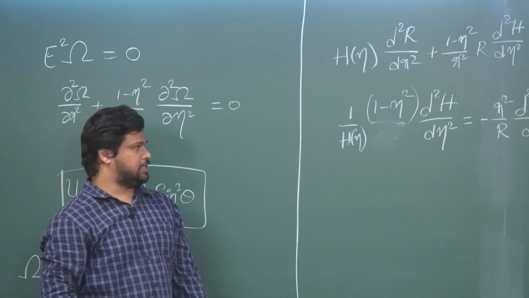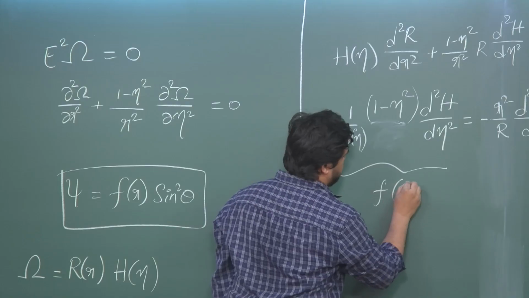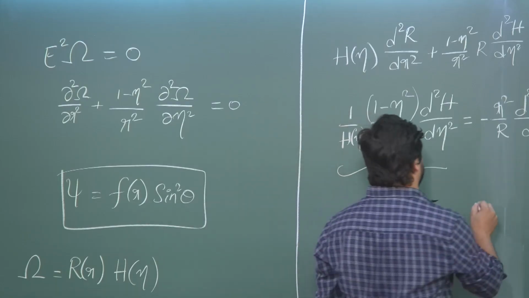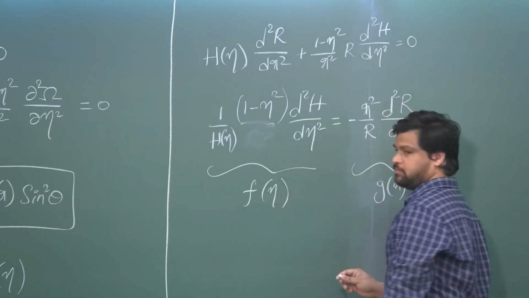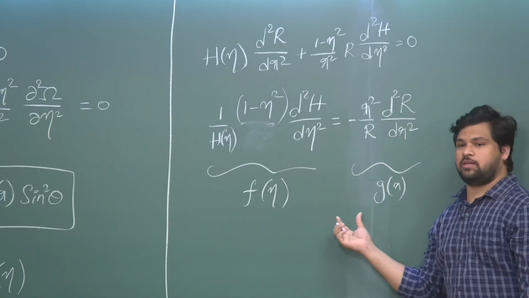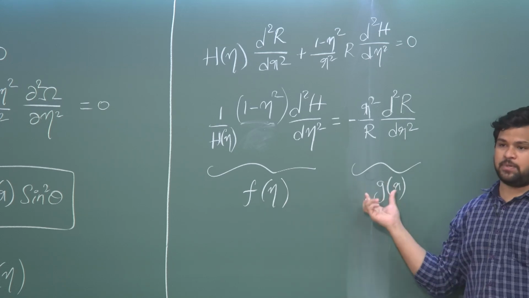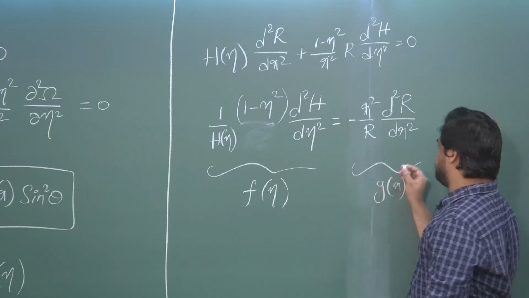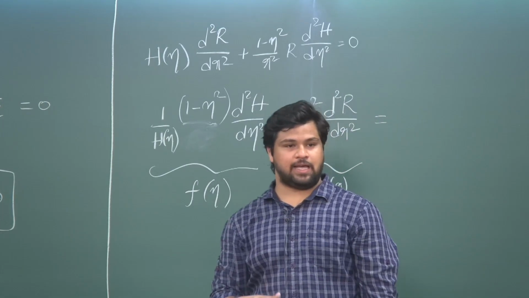If you observe this equation clearly, the left hand side is a function of eta and the right hand side is a function of r. Since these two are functions of different variables, this should be equal to some constant. So the question is, in which direction should we take the eigenvalue?